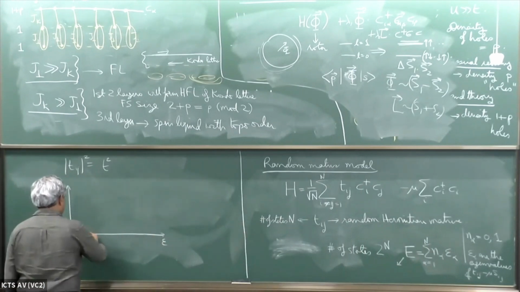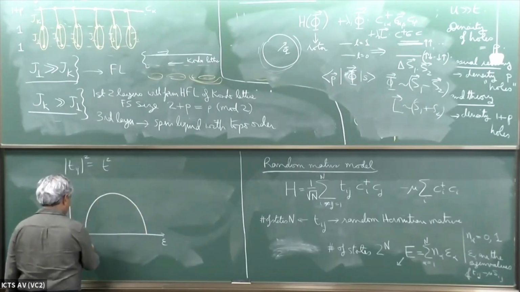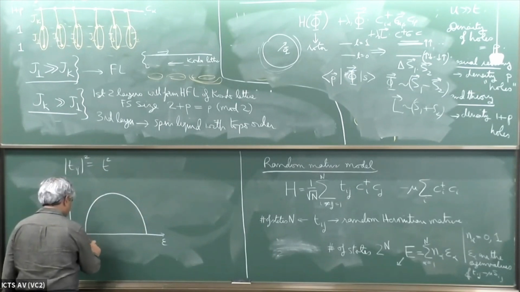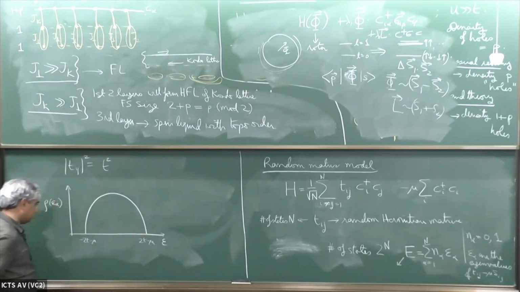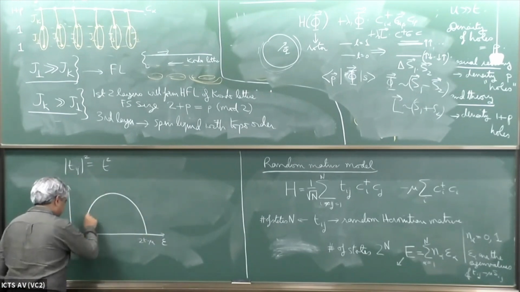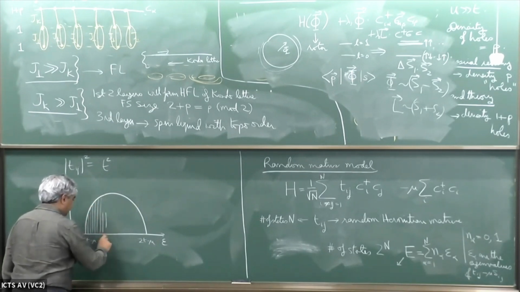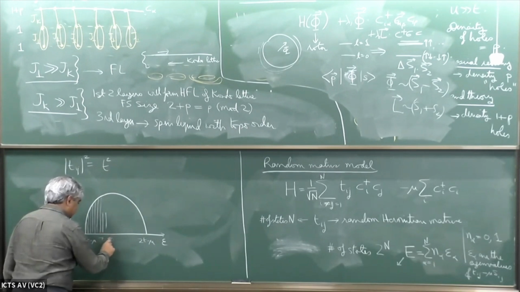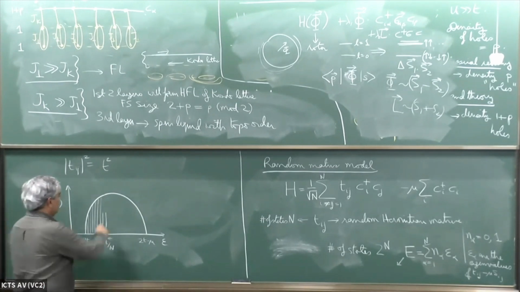What you find is that the density is this famous semicircular density, and it goes from minus 2t, minus mu, to 2t minus mu, if you put the mu in there. So there's a bunch of levels here, and the average spacing between these levels is basically t over n, so 1 over n.